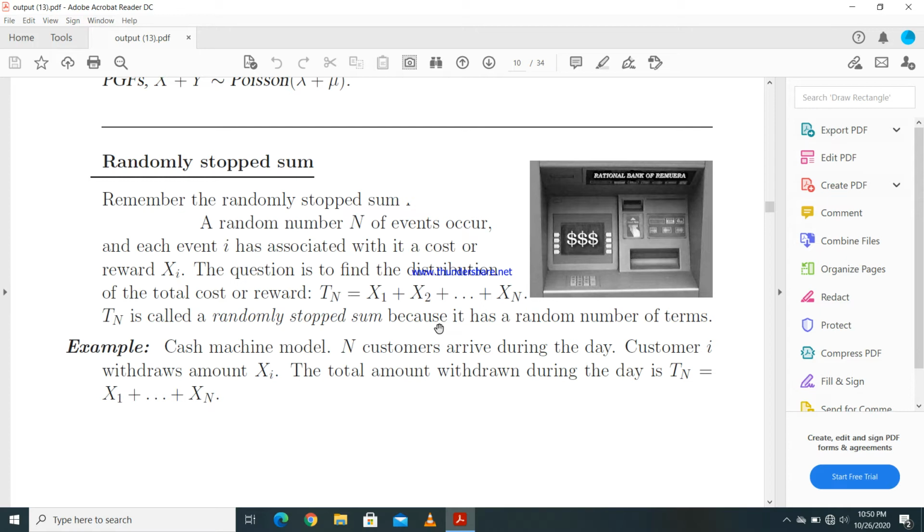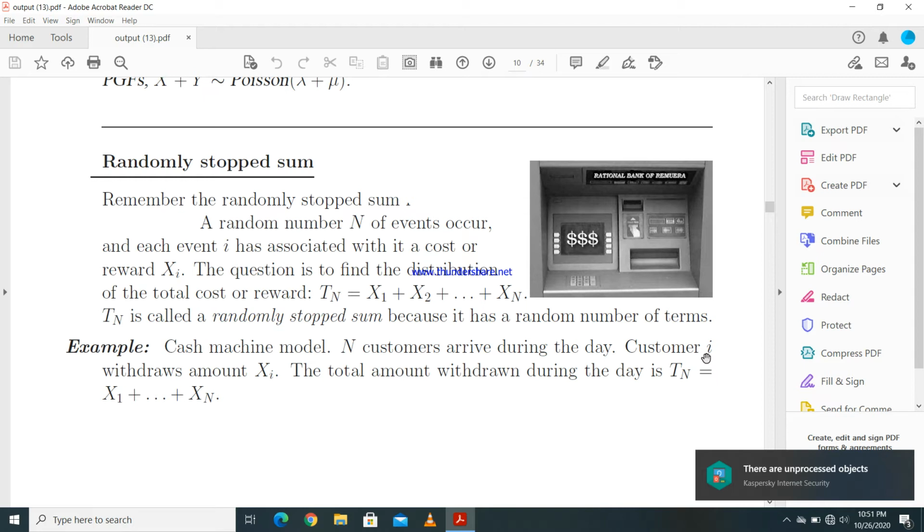With the usual notation, for a given day, suppose you have capital N customers, and customer i withdraws Xi amount of money.